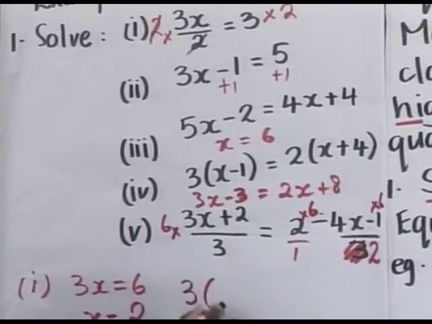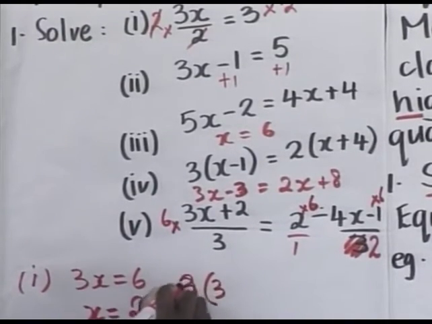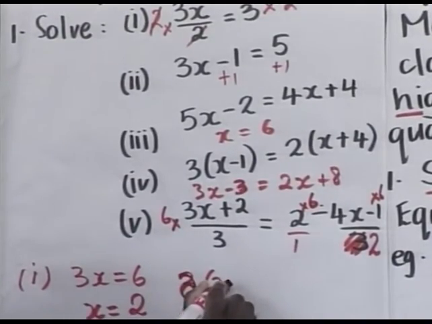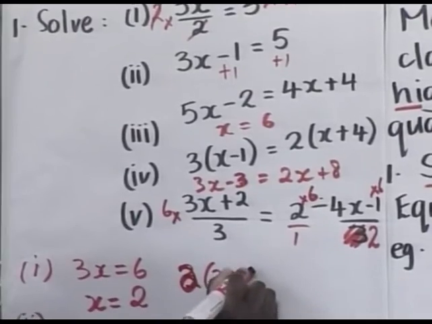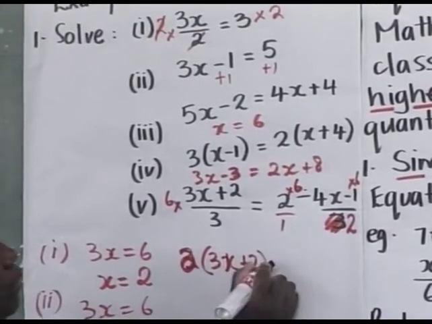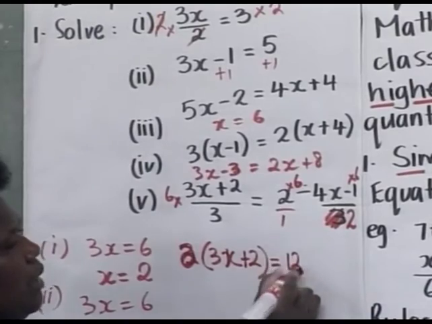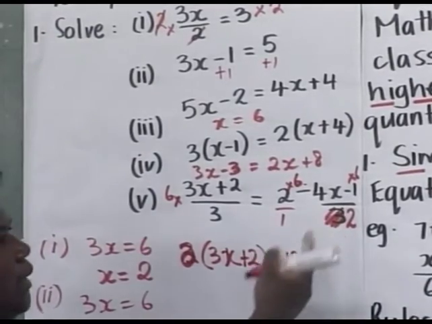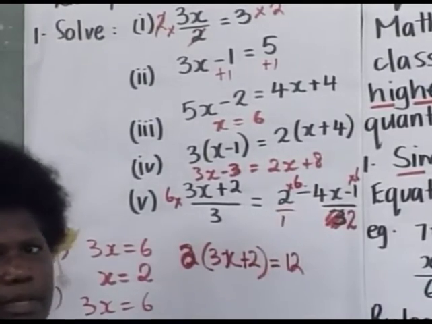So 2 times 3x. I'm writing different numbers and saying different ones. Okay, 2 times 3x plus 2 equals 6 times 2 is 12. 6 divided by 2 is 3.